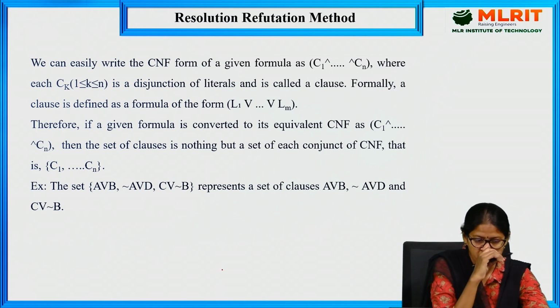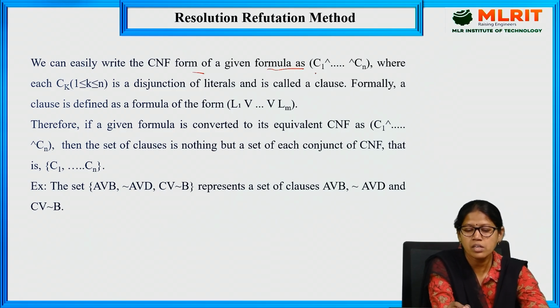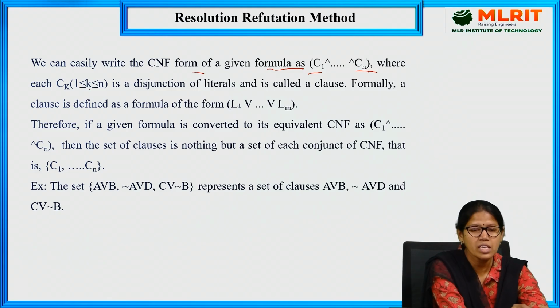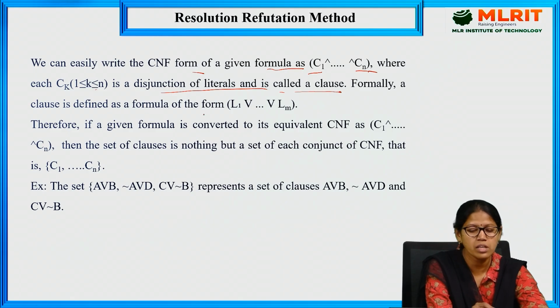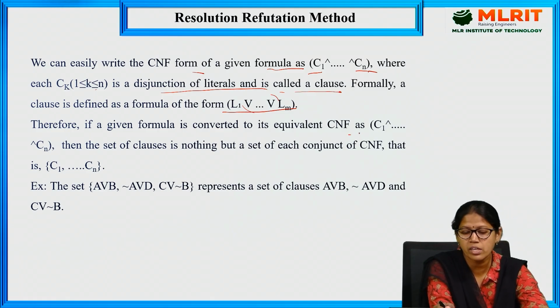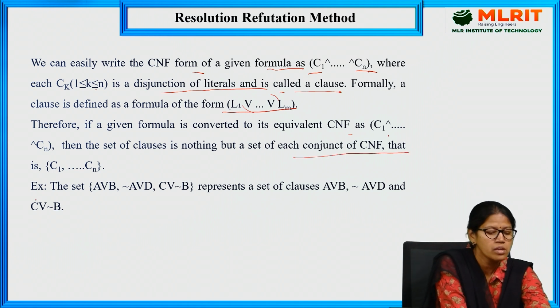So here we can easily write the CNF form of a given formula as C1 to Cn, where each Ck, for 1 less than or equal to k less than or equal to n, is a disjunction of literals and is called a clause. A clause is a set of literals in disjunction form. Therefore, if a given formula is converted to its equivalent CNF, then the set of clauses is nothing but the set of conjuncts of the CNF.